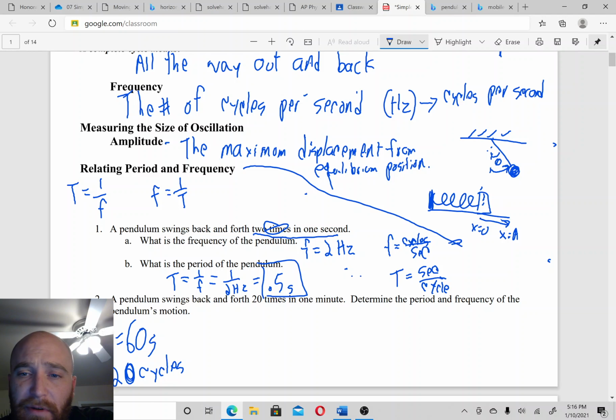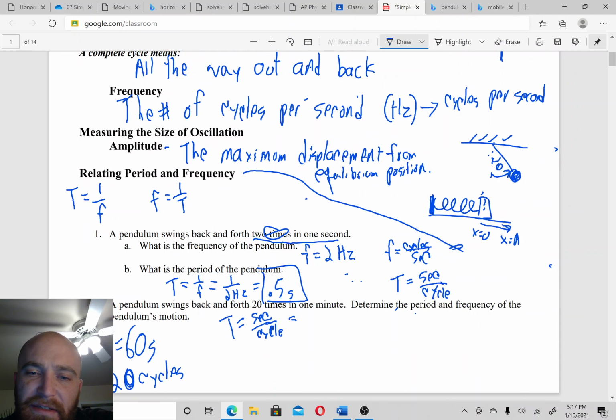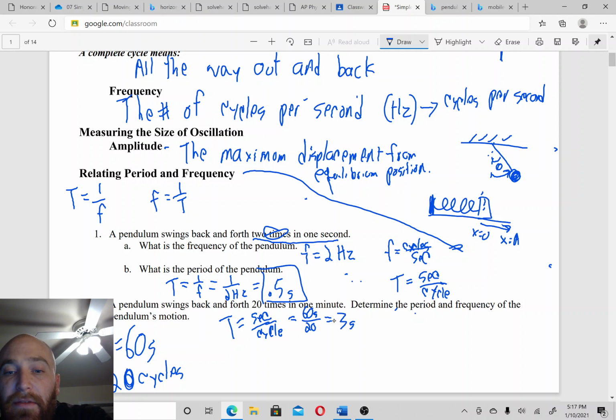Well, if you think of the period as the seconds per cycle, you could probably just think your way through this one, but here's a way you can do it. Seconds per cycle, that's 60 seconds per 20 cycles, and what do you get? 3 seconds. 3 seconds for each cycle. And if you did that 20 times, you'd be a full minute.